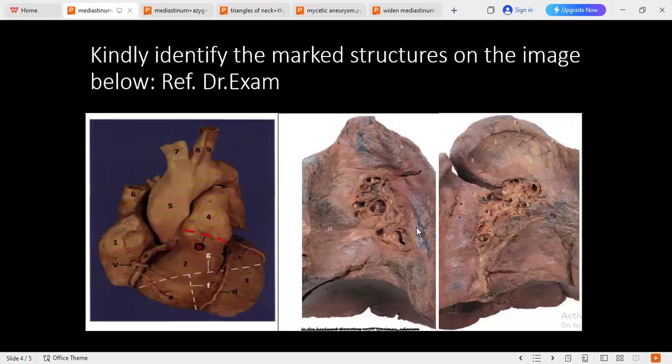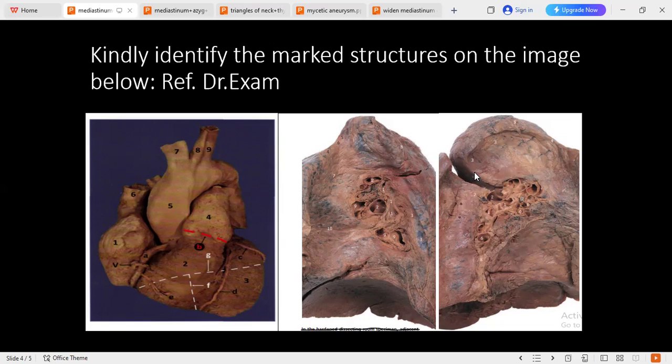Okay. On the right-hand side image, you are looking at the lungs. Please tell me which one is which and how you differentiate. Yes, ma'am. Number one is the bronchus, principal bronchus. Which lung is this, right or left? Sorry, left lung.